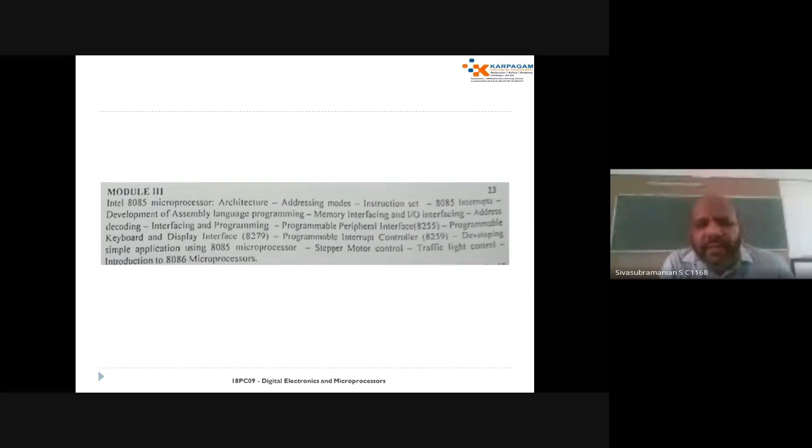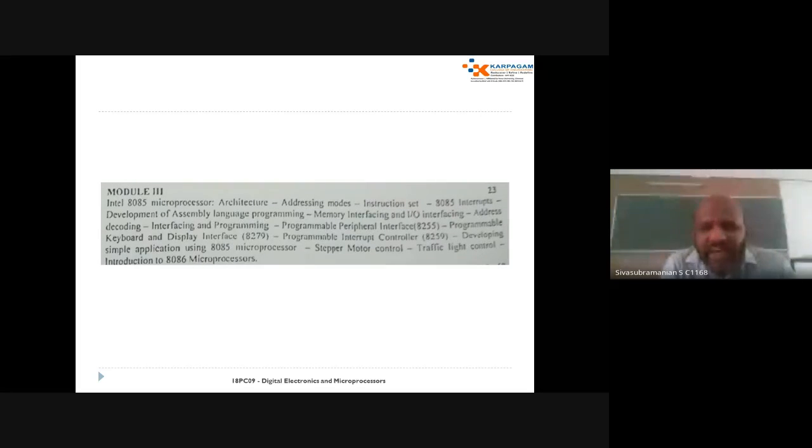Then you have another IC, 8279, which is for keyboard and display. And then you have an IC for interrupt controlling, that is 8259, right? So these are the 3 interfacing ICs; we will look at each block diagram and how it works, right?